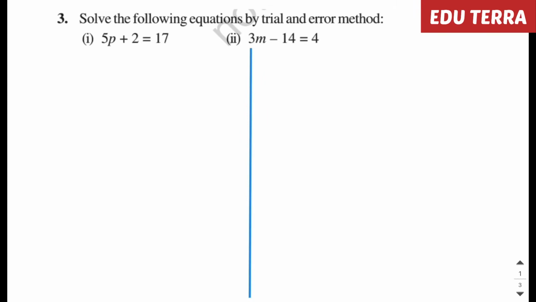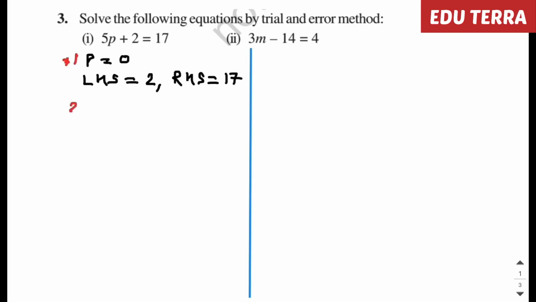So see, let first p equal to 0. Then LHS equal to 2 and RHS we have given 17. So p equal to 0 is not a solution.